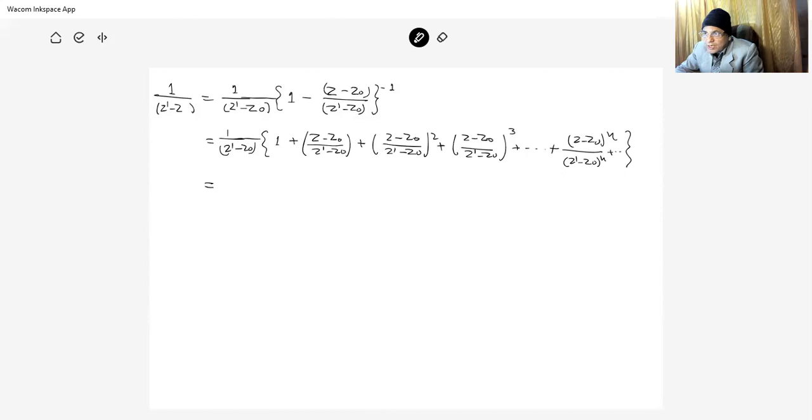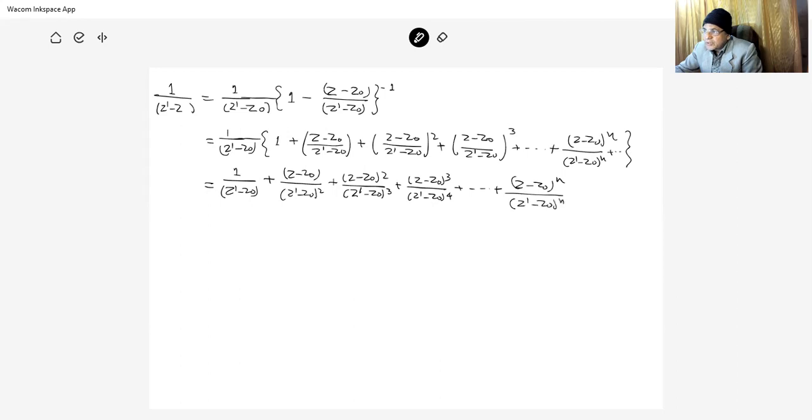And if we multiply this 1 upon z' minus z0 inside the bracket, we will have the first term 1 by z' minus z0, then z minus z0 upon z' minus z0 whole square, and the third term z minus z0 square upon z' minus z0 cube, plus z minus z0 cube upon z' minus z0 to the power 4, and z minus z0 to the power n upon z' minus z0 to the power n plus 1.